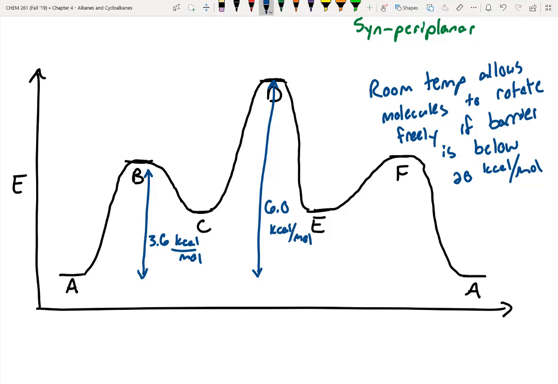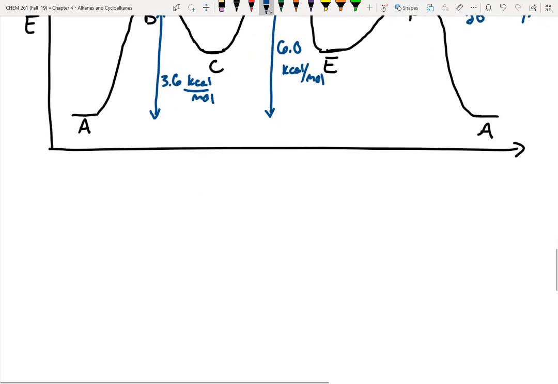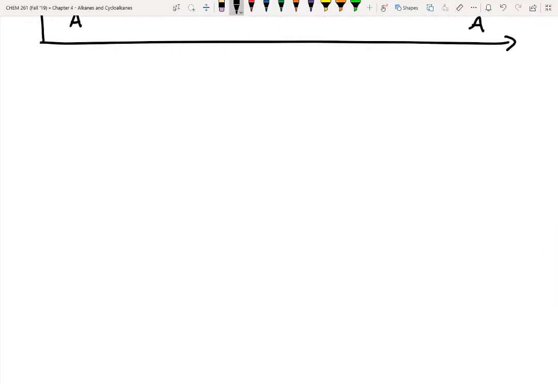These kilocalories are specifically for that molecule. This is only for butane right now. As far as we're concerned, though, any single bonds will have enough energy to rotate freely. It's very rare that you'll have a single bond that can't rotate freely at room temperature. Good question.